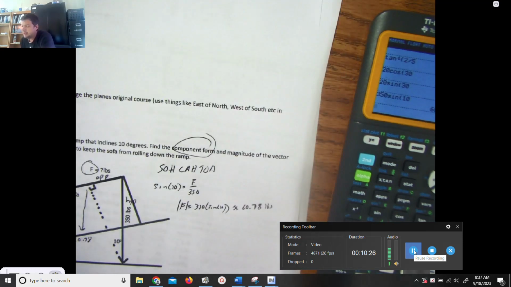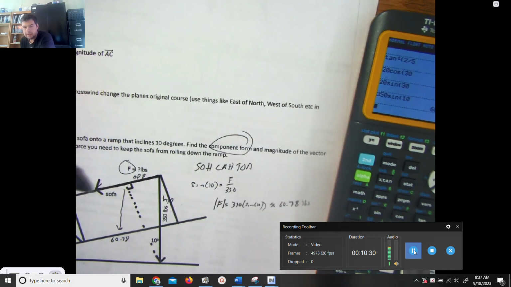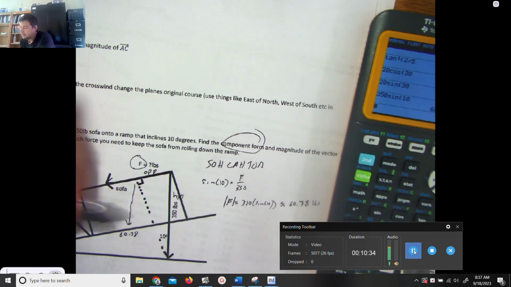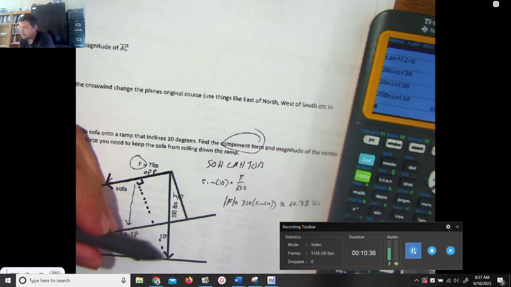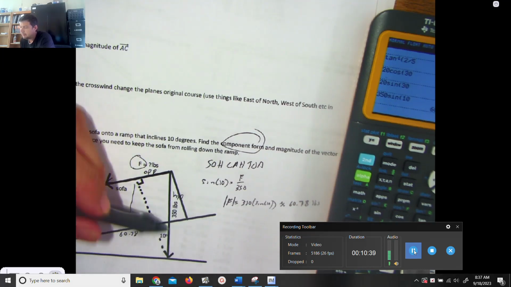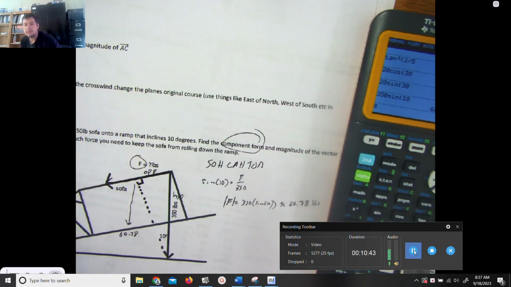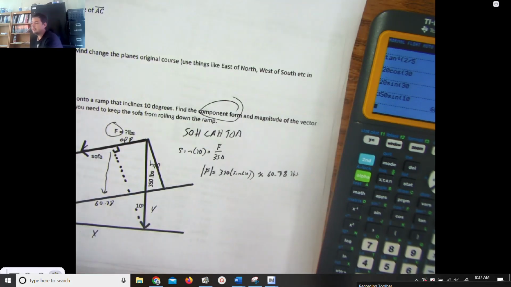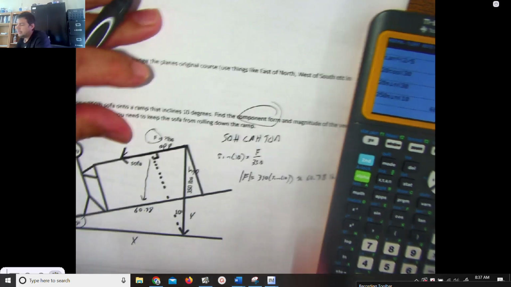So what you actually found there was the magnitude of the vector that was pushing back on you. Now, because this diagram, these are parallel lines, I drew that down here. They want the horizontal and vertical components of this vector. That's what's being asked of you. So we'll call this one y, we'll call this one x, and we got another triangle down here that happens to be a right triangle. And let's see what we know.